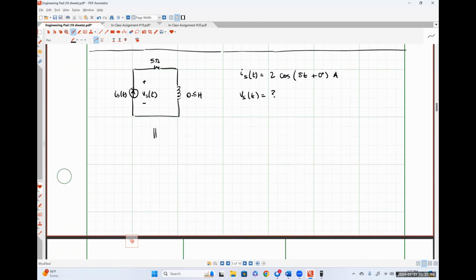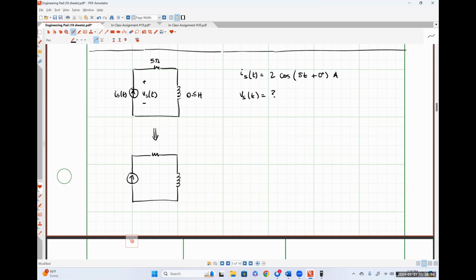So what I want us to do is convert this circuit from the time domain into the frequency domain. None of the elements themselves are going to change. But instead of using that cosine function for i_s of t, we're going to replace it with a phasor.